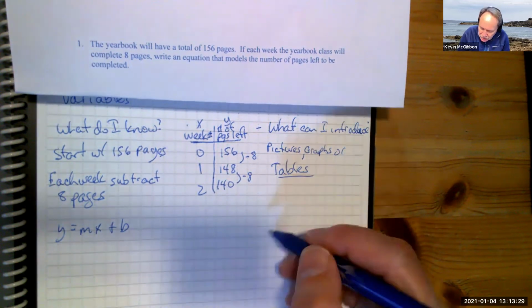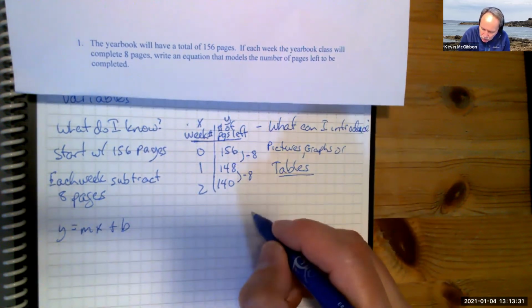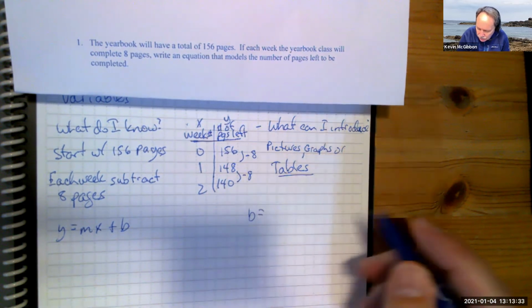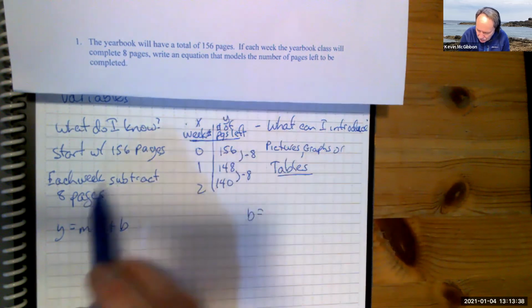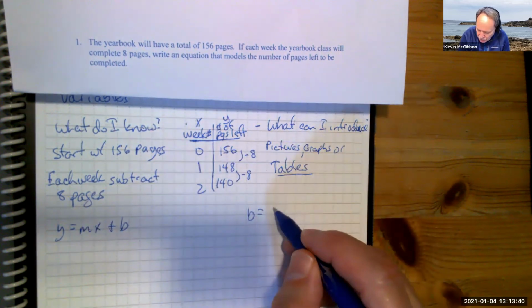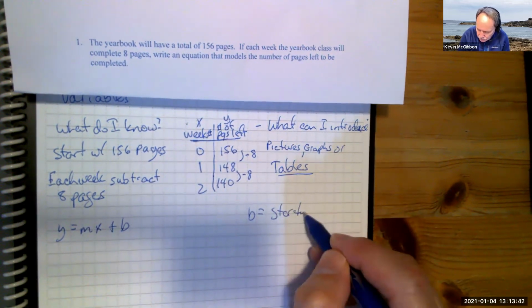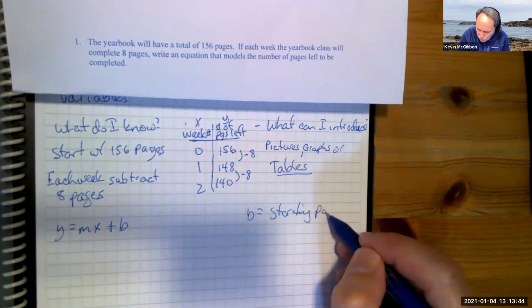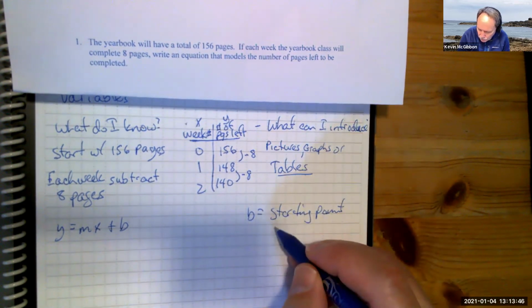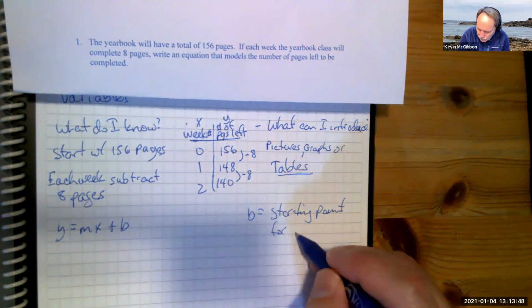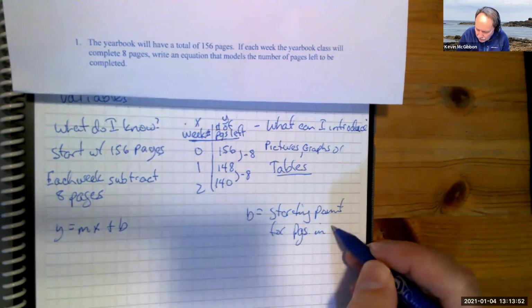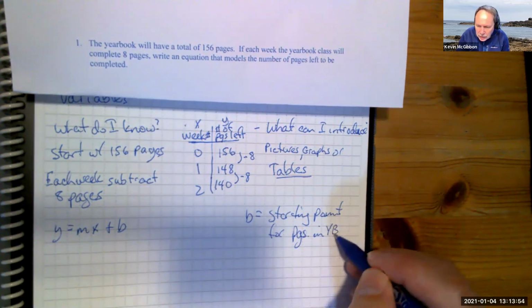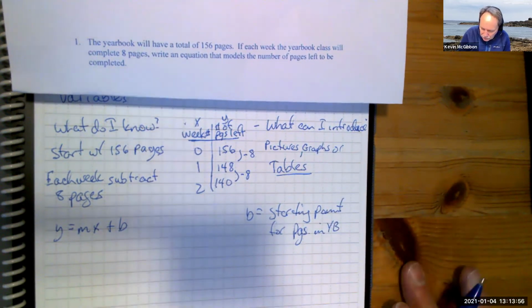In fact, let me do it this way. What is b going to stand for? That's the starting point of pages, right? So starting point for the pages. I'm just going to say YB for yearbook. So YB only stands for yearbook.